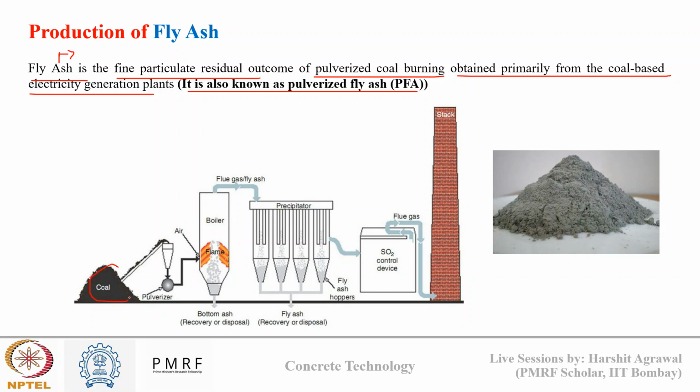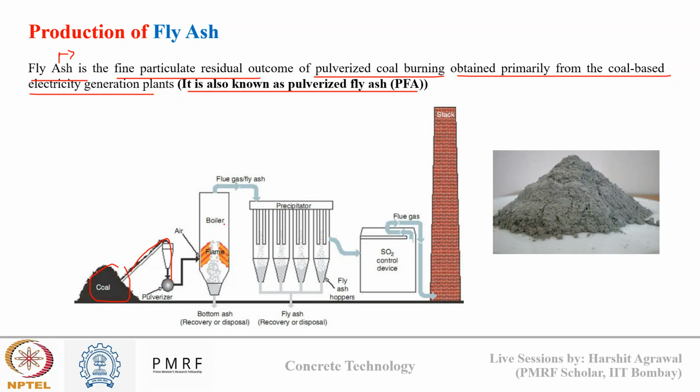First, coal is pulverized. What do we mean by pulverization? It means coal is ground or hammered into fine powder. And this pulverized coal is burnt in a boiler to produce heat that is used for generating electricity. So we know from coal we generate electricity, and that is the process happening here.